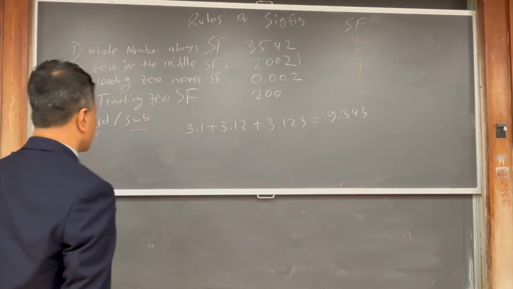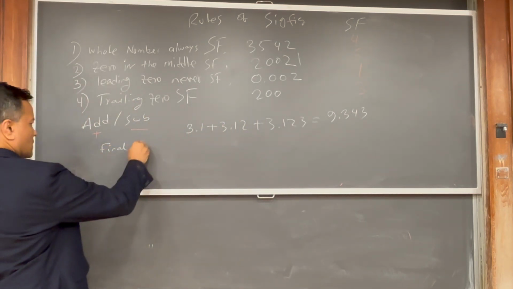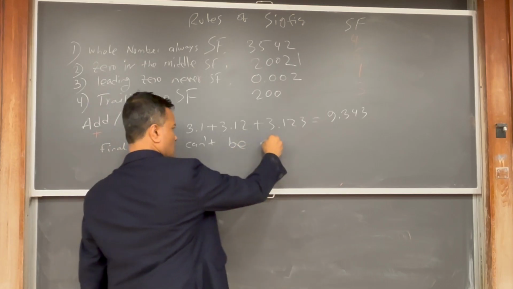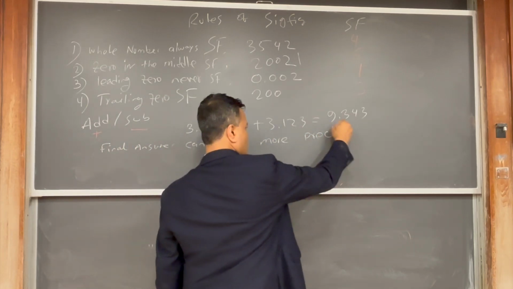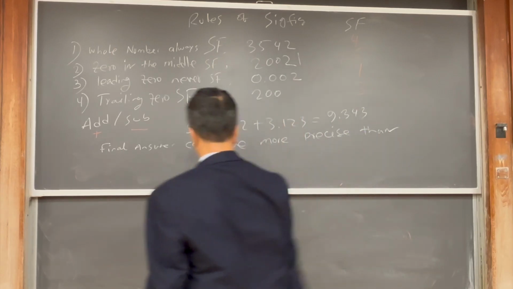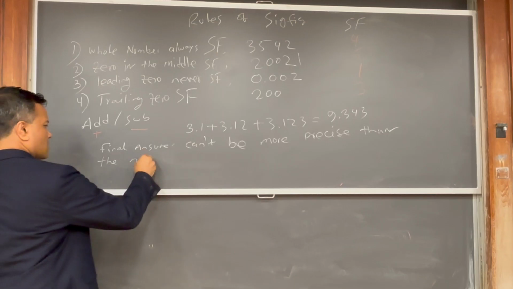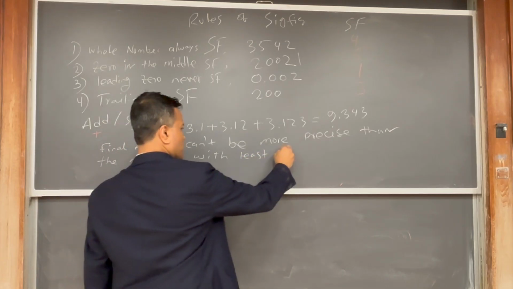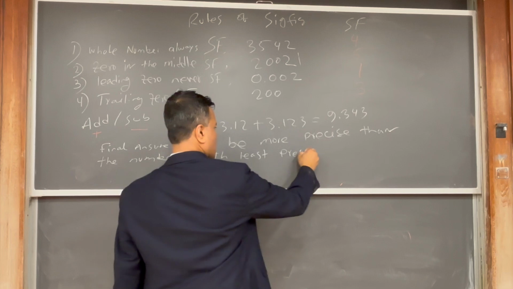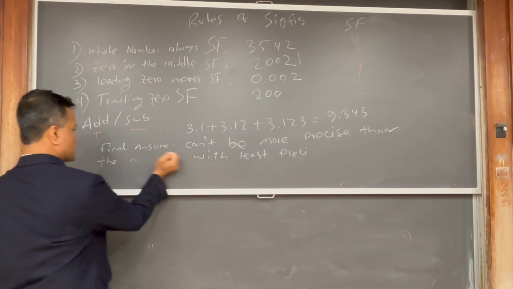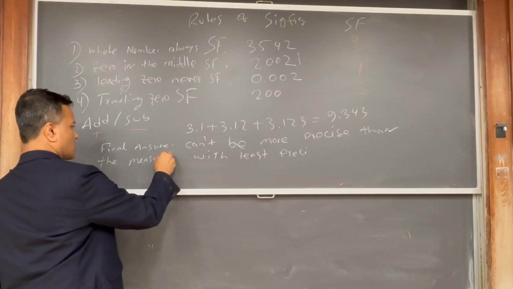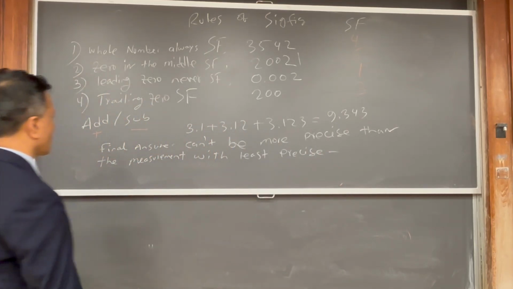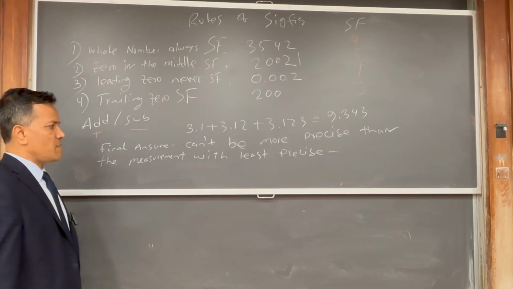Now I'm going to give you the rule. The final answer cannot be more precise than the measurement with the least precision.